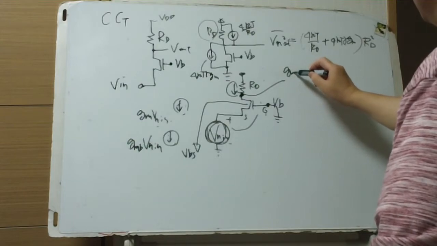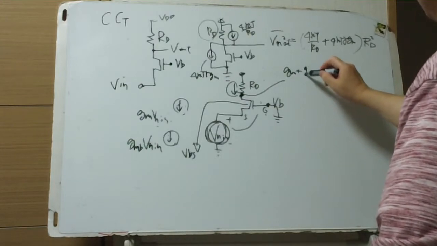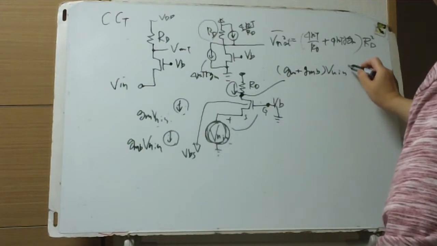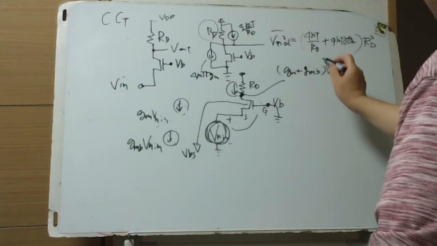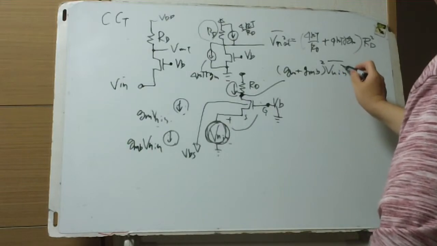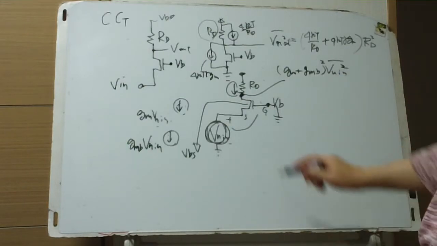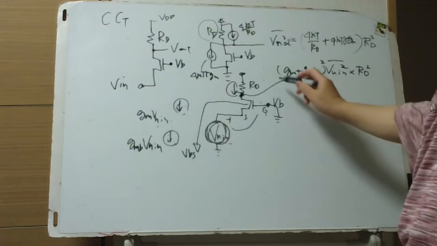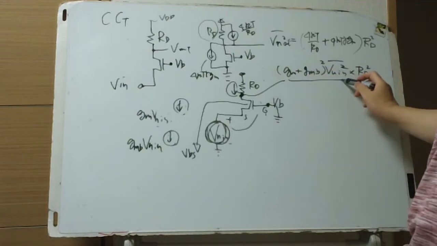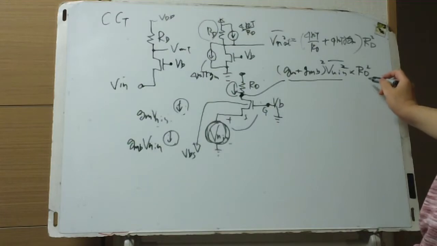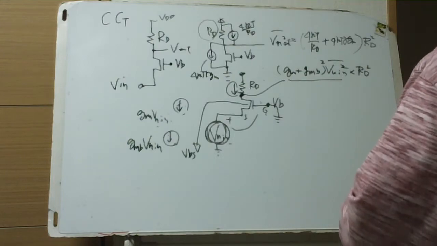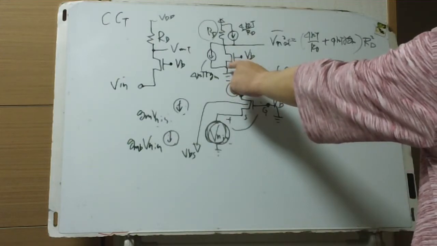So (gm plus gmb) Vn in squared bar is this current, times RD squared, where this is current and this is output resistance, and this is voltage.